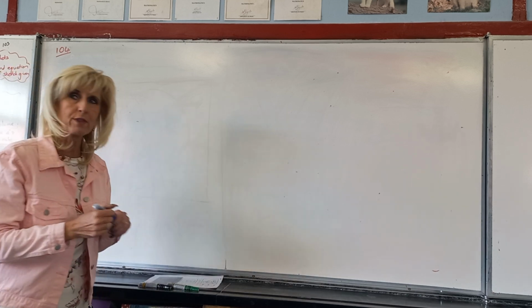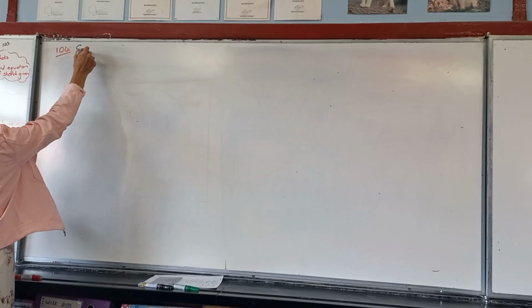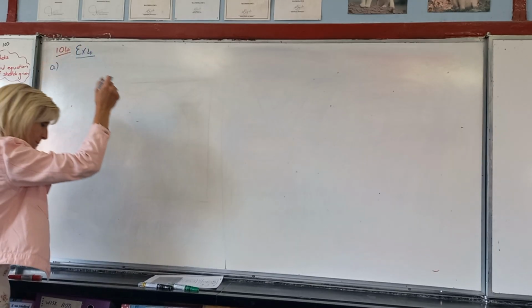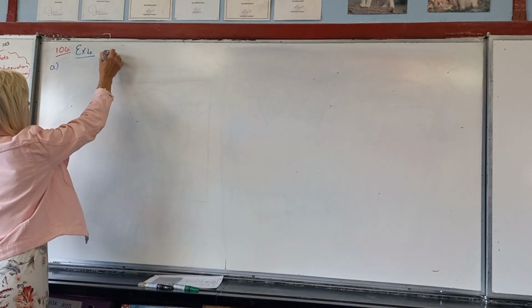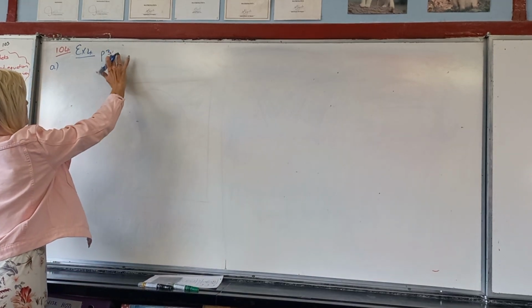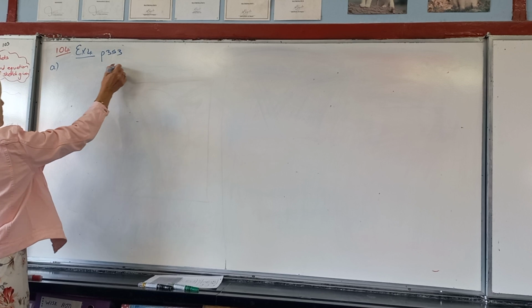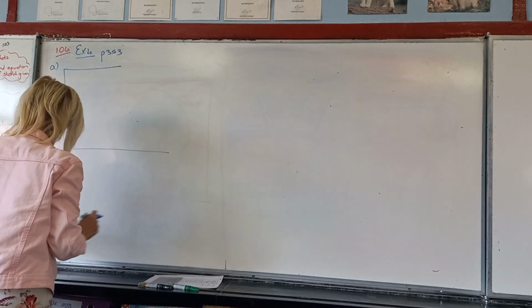So when we start off with a Venn diagram, how many circles? This was on page 353. Let me make it bigger.